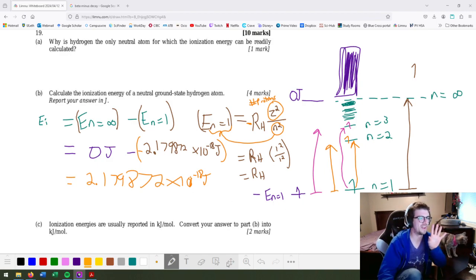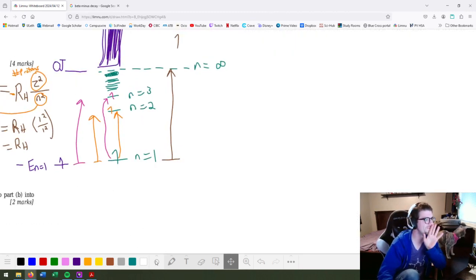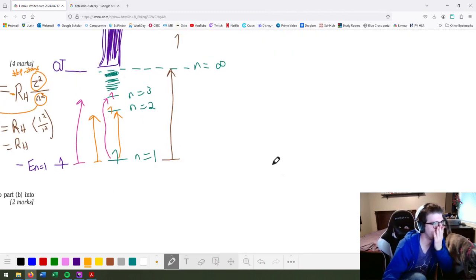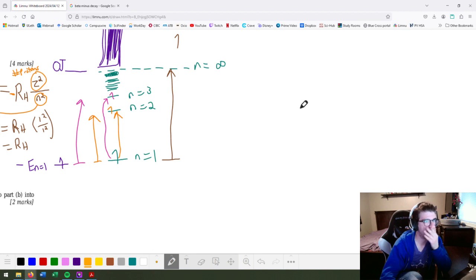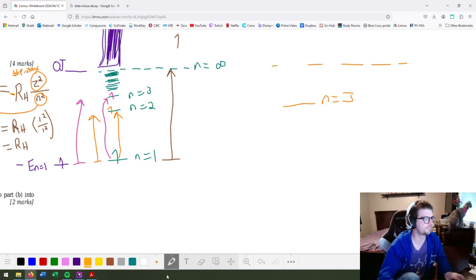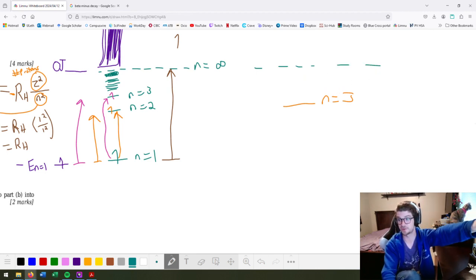Okay, so if we had an electron that was in n equals 3, for example. Here's the continuation of, there's the ionization threshold.